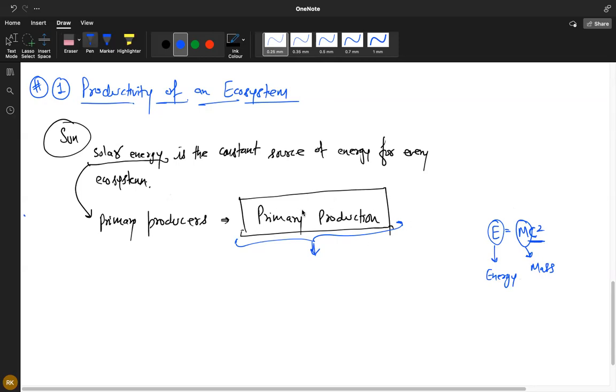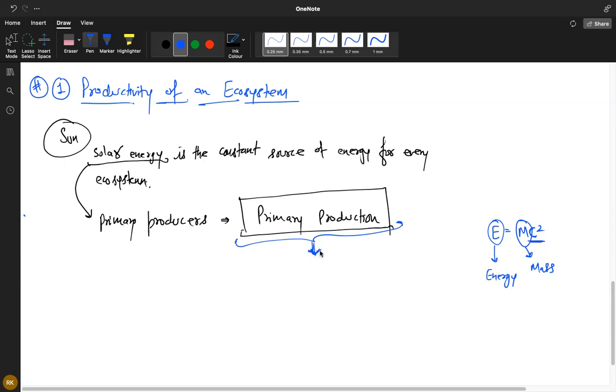And this production can also be defined in these two concepts. Either you talk in terms of energy, which will be slightly difficult to define for primary production, but it can be done, or you talk in terms of mass. The mass which is produced in the living system is called biomass.